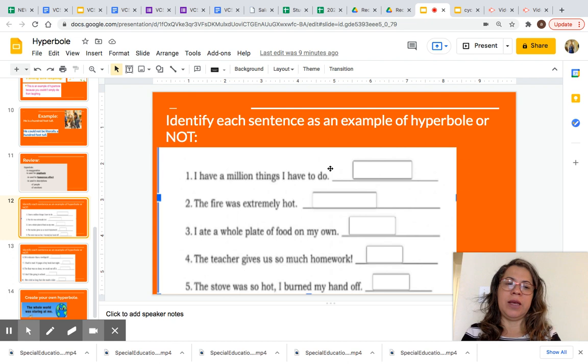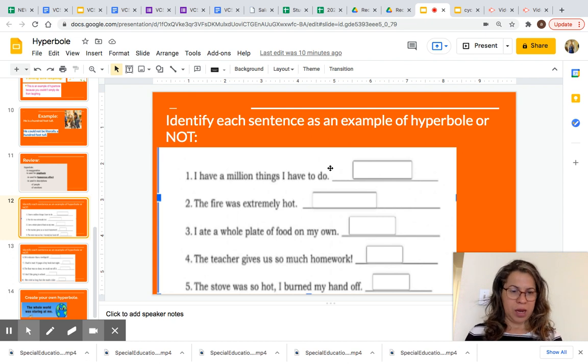You can either tell someone next to you yes or no, or you can give a thumbs up if it is an example of hyperbole, thumbs down if it is not. Or you can also nod or shake your head if you agree or disagree.